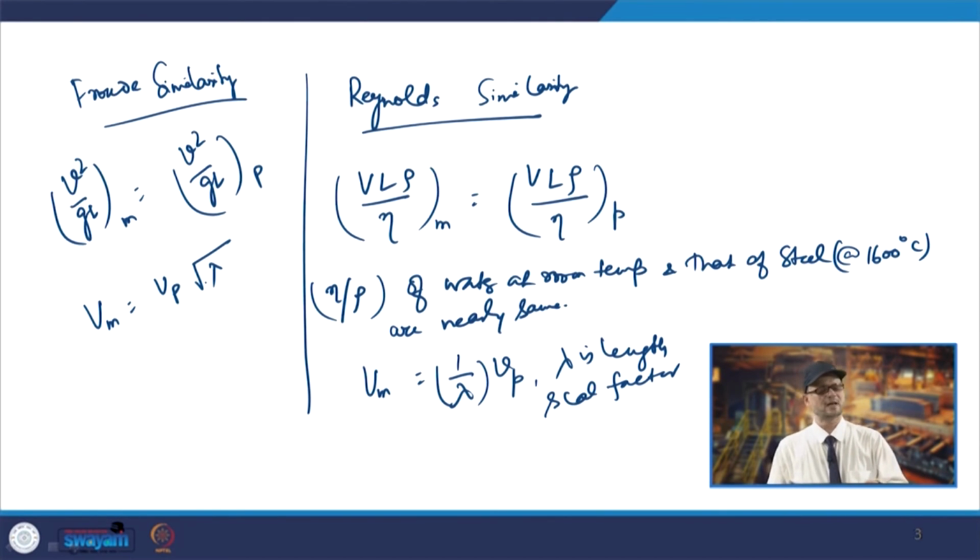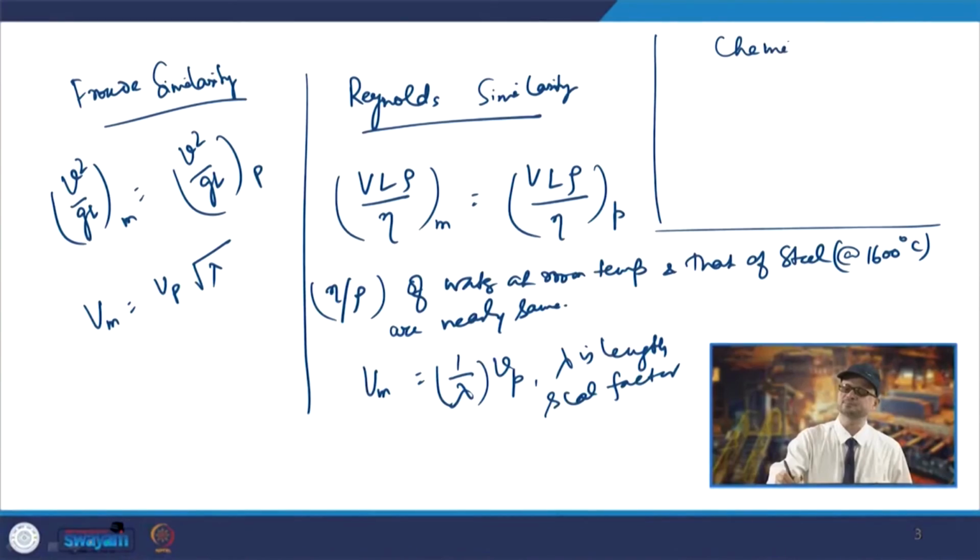So normally, when we do physical modeling, we assume the Froude similarity criteria. That is the normal practice in the case of physical modeling.